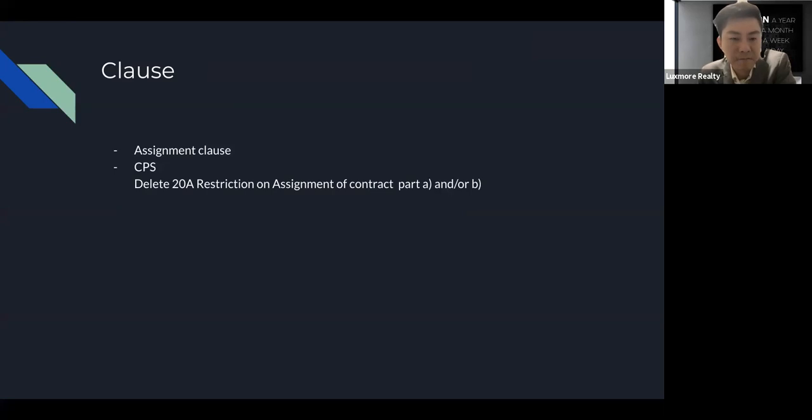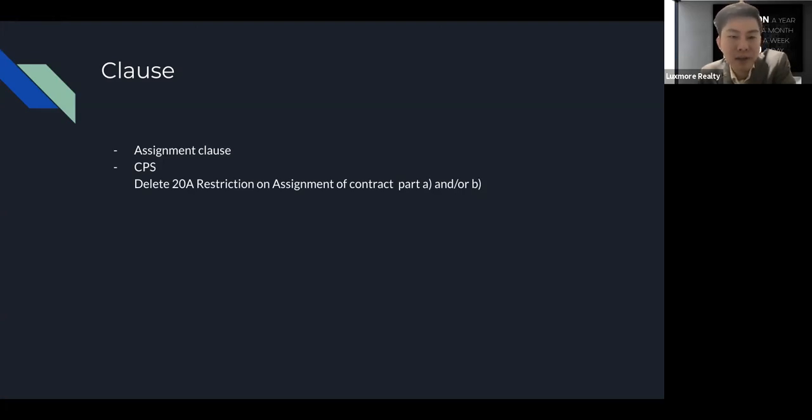Which means even if you assign this contract to a third party, if the third party assignee does not comply with the contract, the assignor, who is the person selling the contract, is still liable to complete the deal. So there is a risk you have to be careful about.